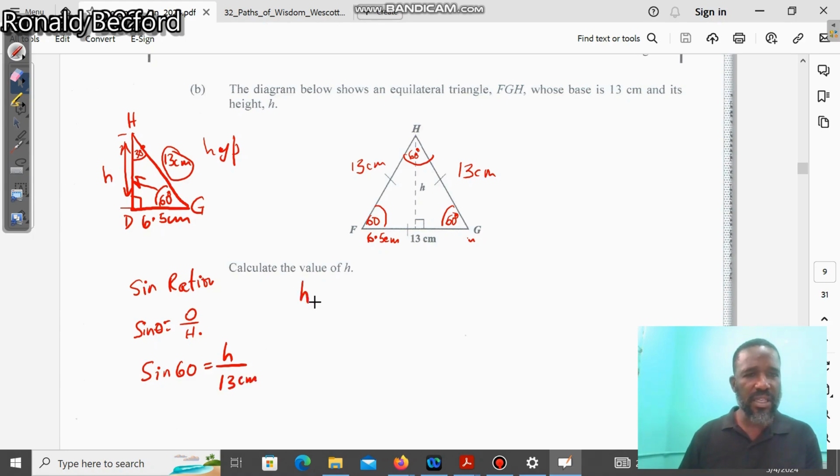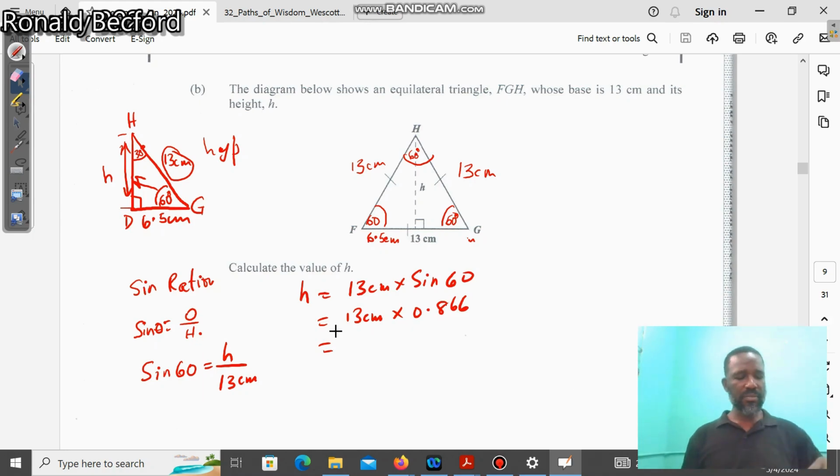So therefore, h is going to be equal to 13 centimeters times sine 60. The sine of 60 is equal to 0.866. So 13 times 0.866, let's calculate that, 13 times sine 60 is equal to 11.26 centimeters. Okay, so that's one way.